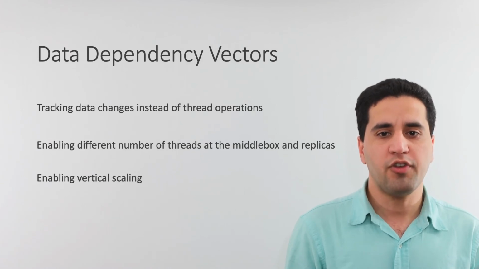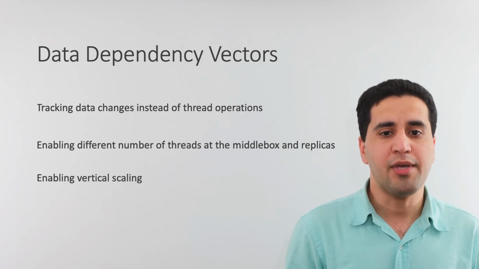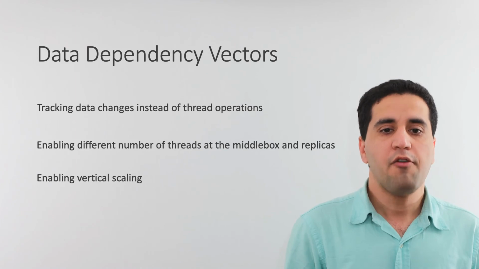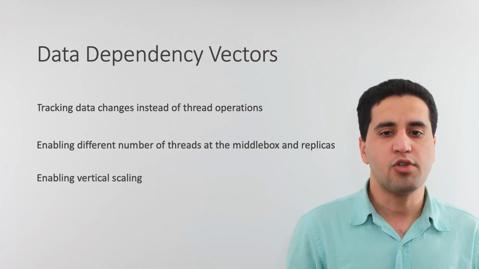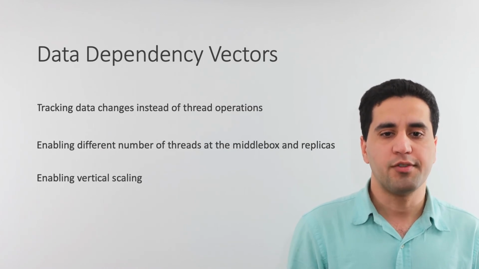This provides more flexibility and improves resource utilization compared to existing solutions that require a fixed one-to-one mapping between middlebox threads and those of its replica. Furthermore, data dependency vectors allow a middlebox to vertically scale by failing over to a server with a different number of cores.